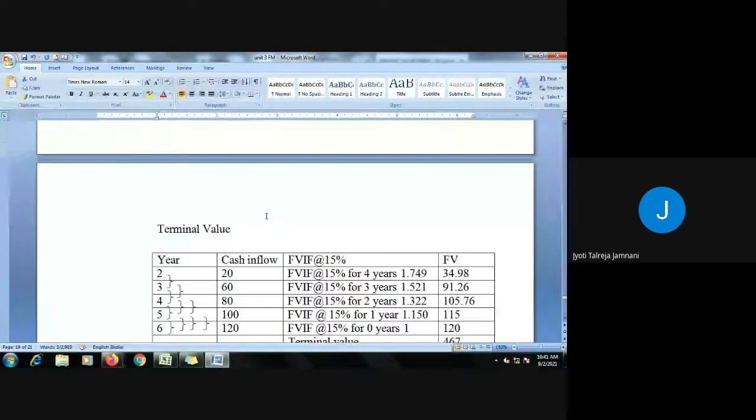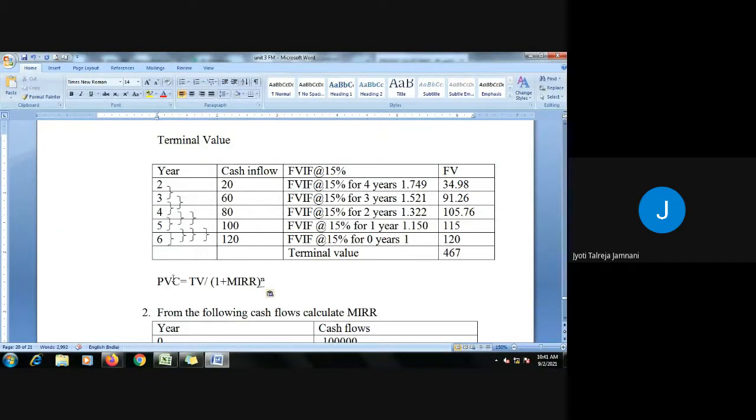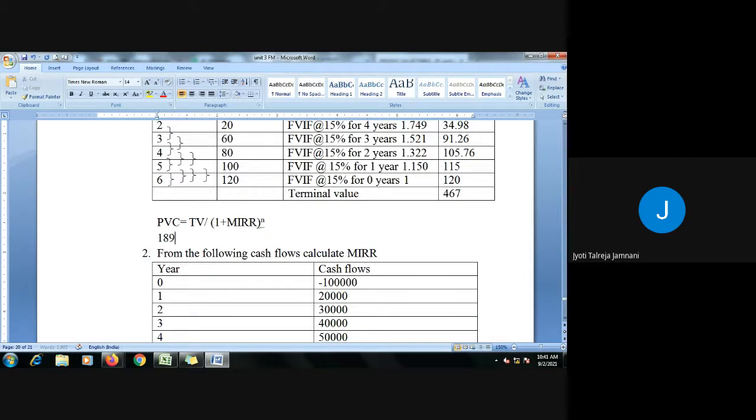We can now put these values in the formula and find the MIRR. So present value of cost 189.6, which is equal to the terminal value 467 divided by 1 plus MIRR raised to n.